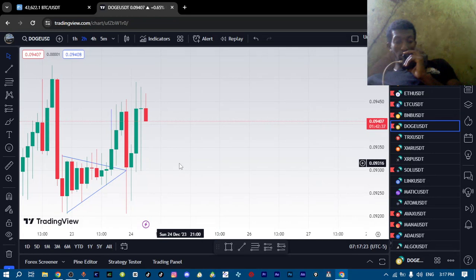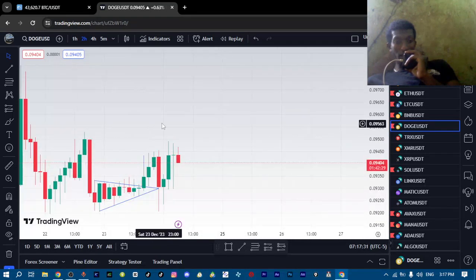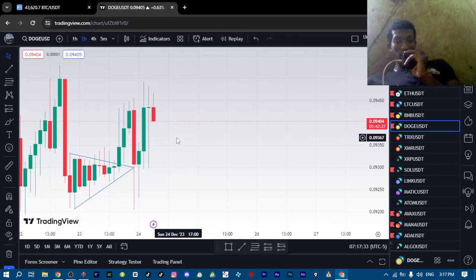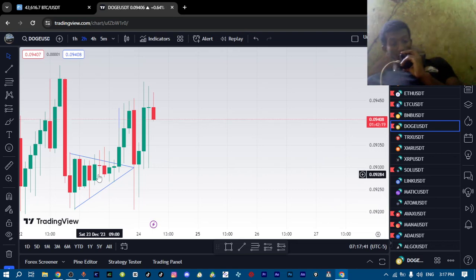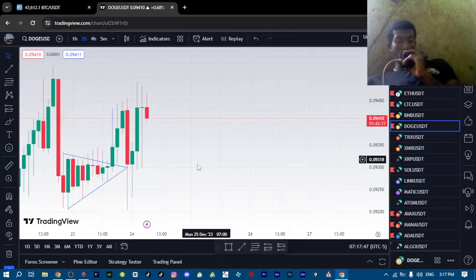Okay, so when trading, your strategy should be simple. It should be very simple and easy to understand, easy to apply. No complicated thing, no complicated measuring. Just find your consolidation zones and determine your TP. That is all you have to do.